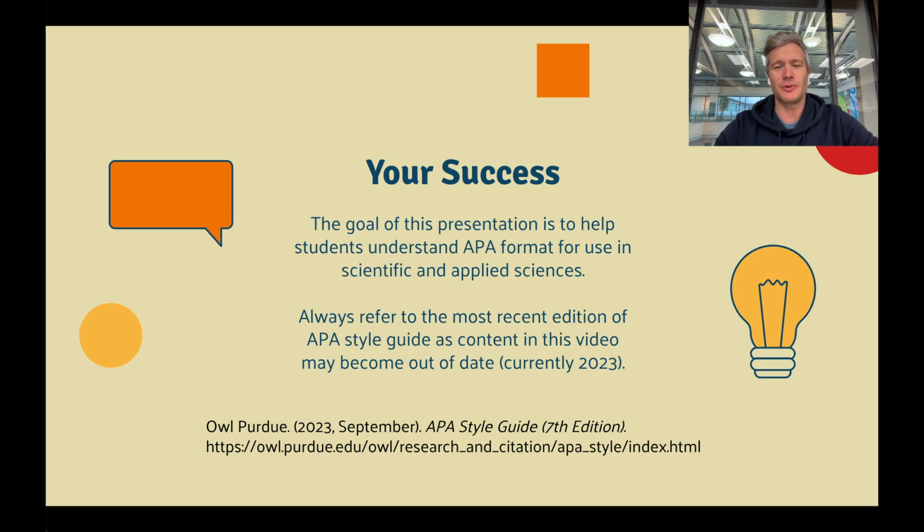So as of 2023, any specifics, so not a broad overview or direction or some examples of how APA is done, which I'll provide in this lecture. Rather than just that, I do want to encourage you that anytime you have specifics that you're trying to cover, because it is a specific system, that you go to all the resources I've used for this presentation, which is essentially OWL Purdue.